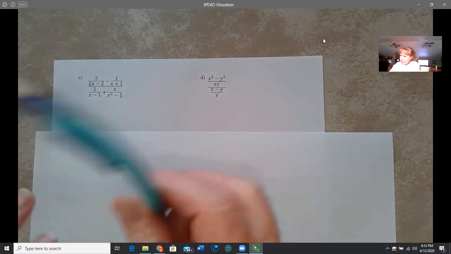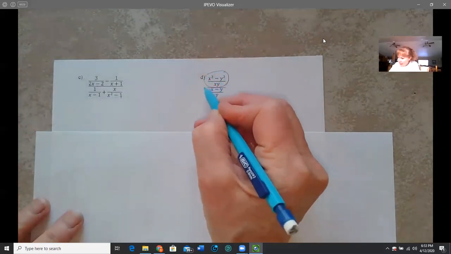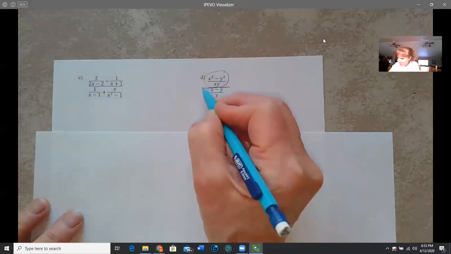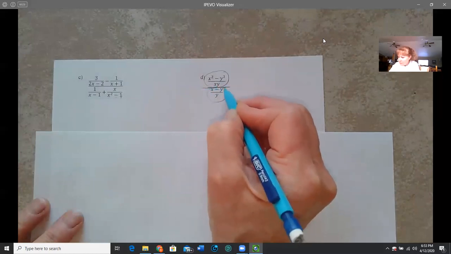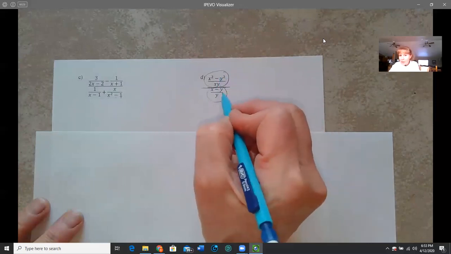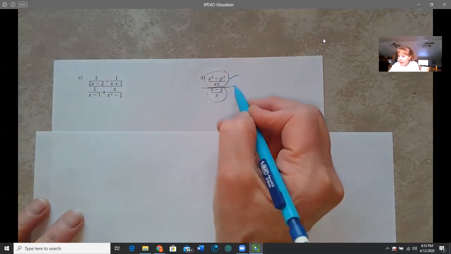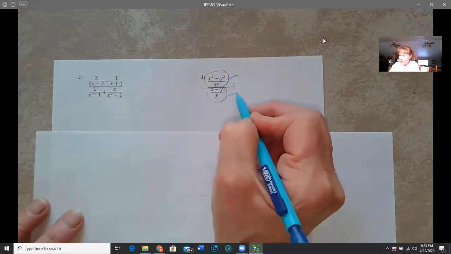But in D, you actually have 1 fraction divided by, there's your division symbol, another fraction. There's only 1 fraction in the numerator and 1 fraction in the denominator. So you're taking this fraction divided by this fraction.